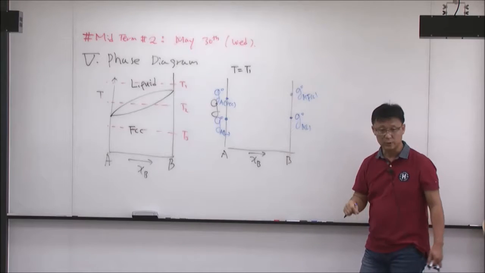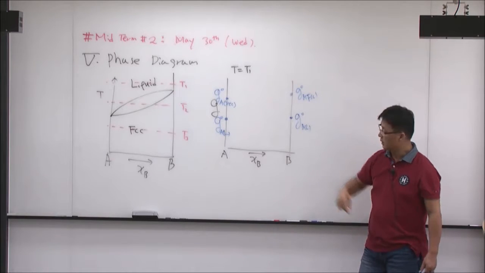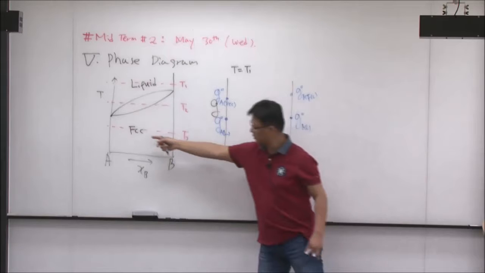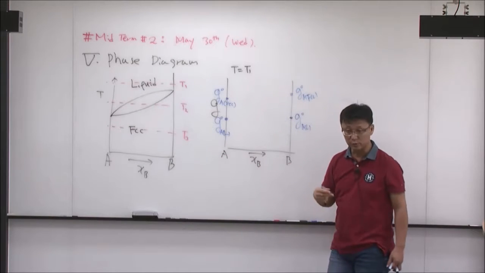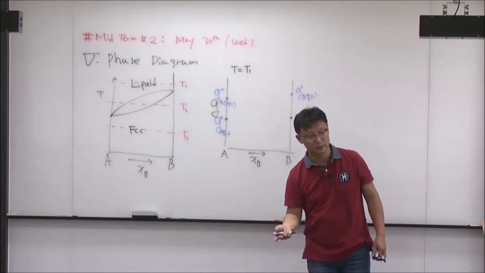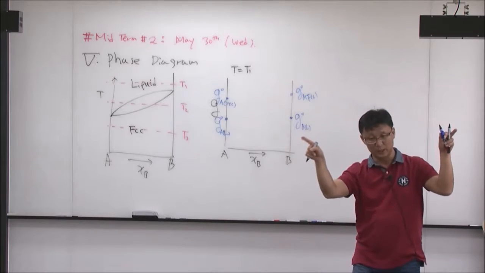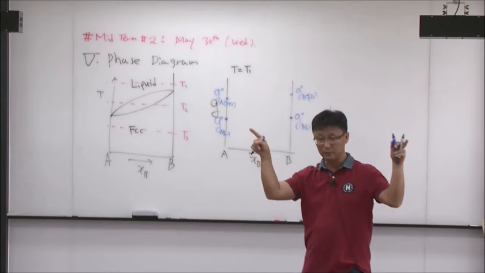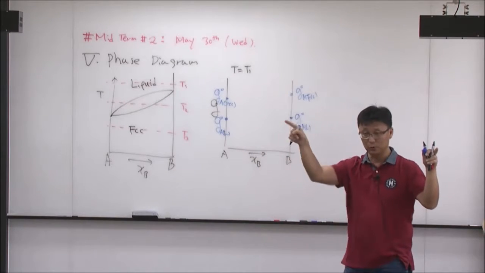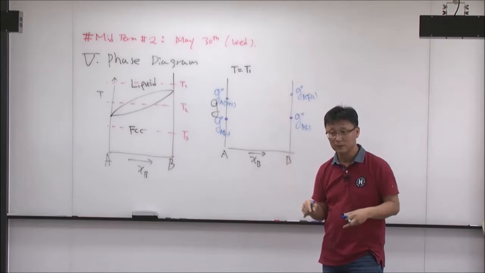Then between A and B, the FCC is the FCC solution and the liquid is the liquid solution. The Gibbs energy of the liquid solution has two endpoints, which are pure A liquid and pure B liquid.